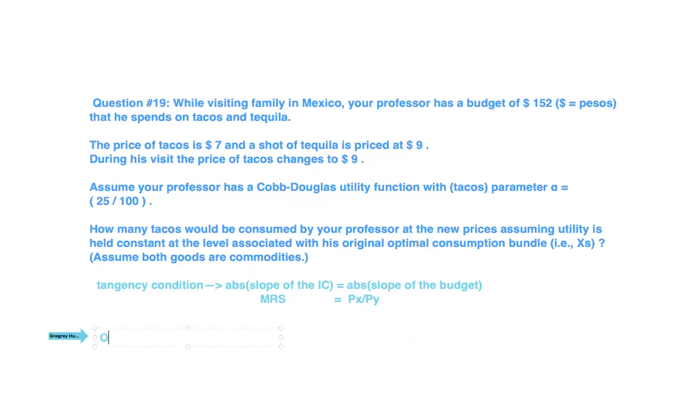The original budget is going to be 152 equals, well, the price of X we said was 7, so 7X times the amount of X plus 9Y, right?